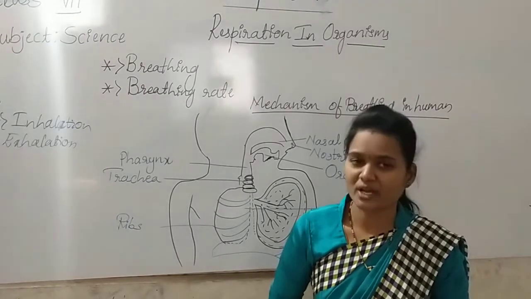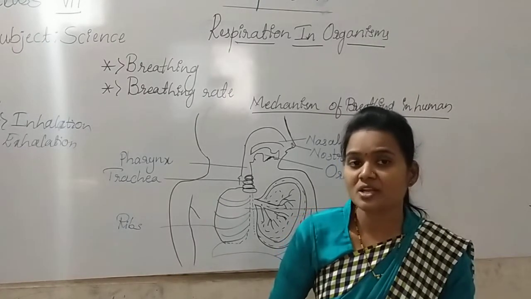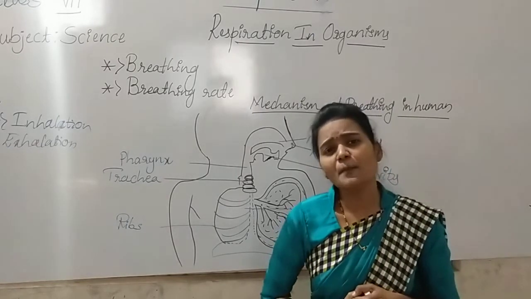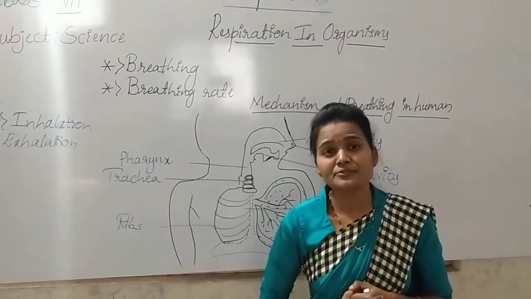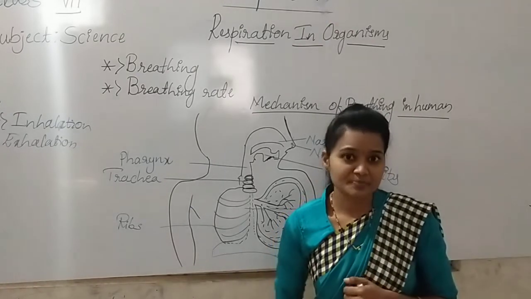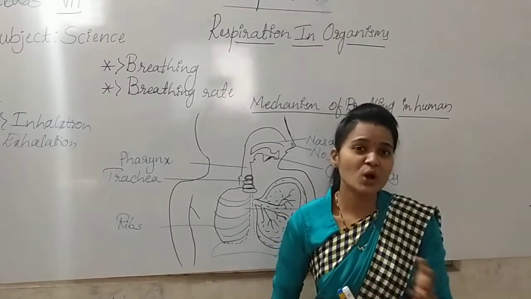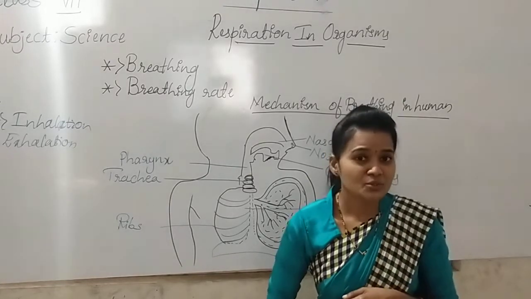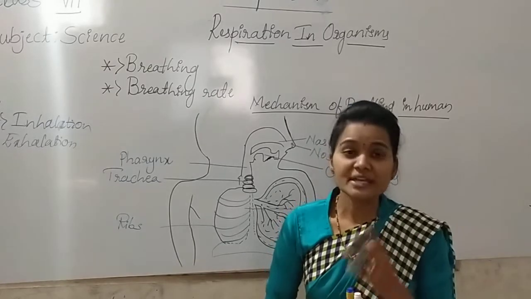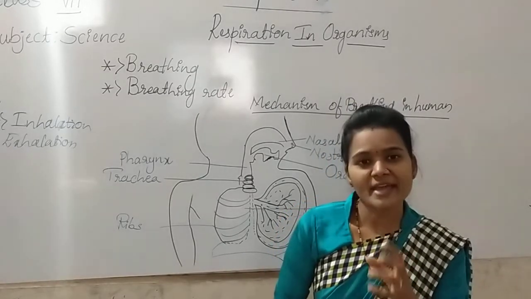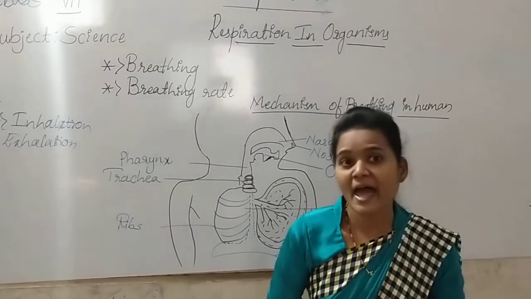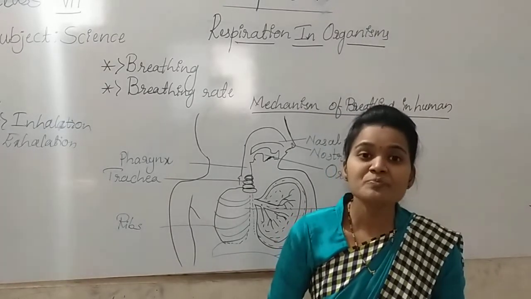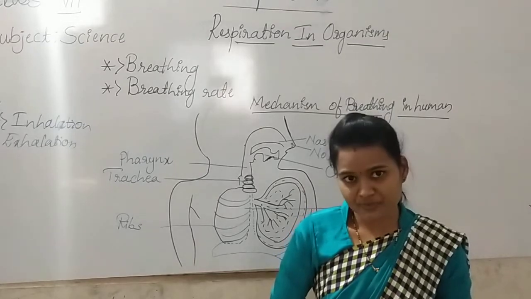These are the main products when glucose breaks down in the absence of oxygen. An example of organisms involved in anaerobic respiration is yeast. Yeast is the organism which respires anaerobically. That's why yeast is called an anaerobe.